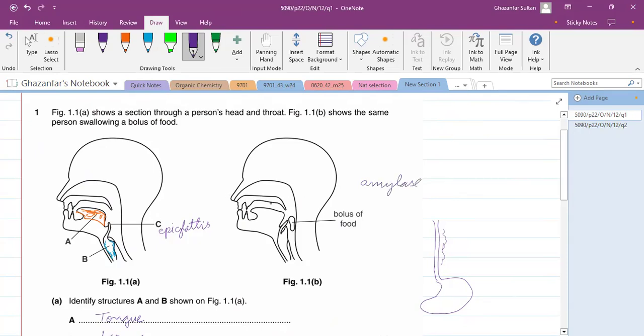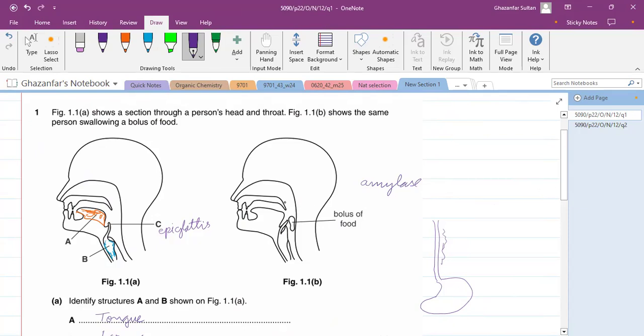So when bolus is formed, then amylase is still there with the bolus because it is made due to the mastication process where saliva mixes with the bolus. So bolus contains food as well as the enzyme that is secreted from the salivary glands.